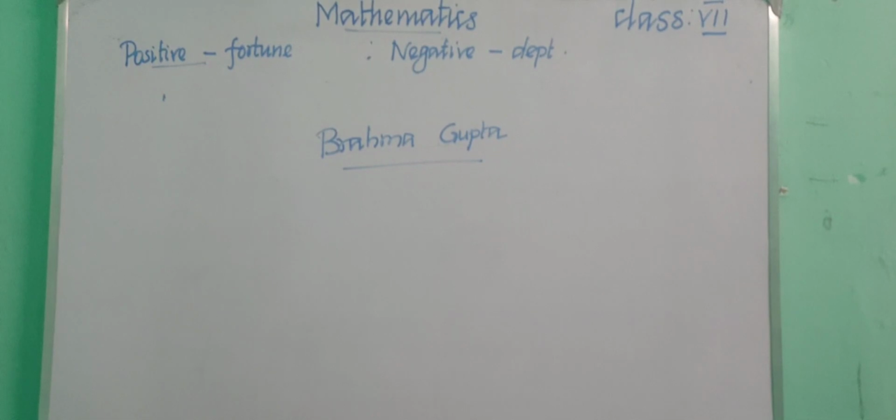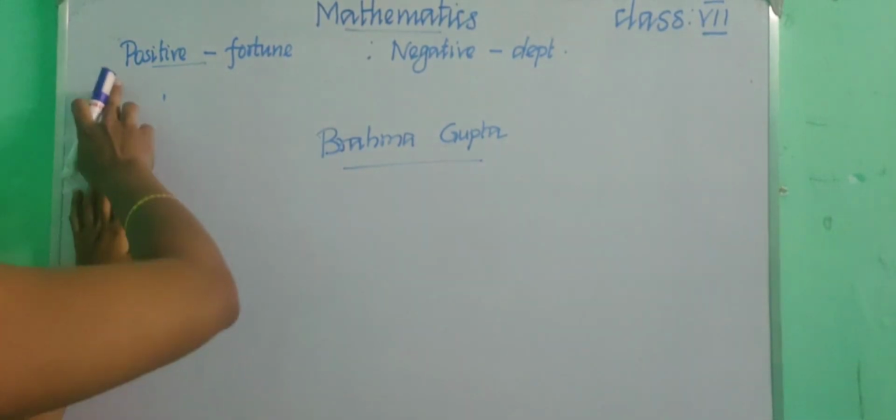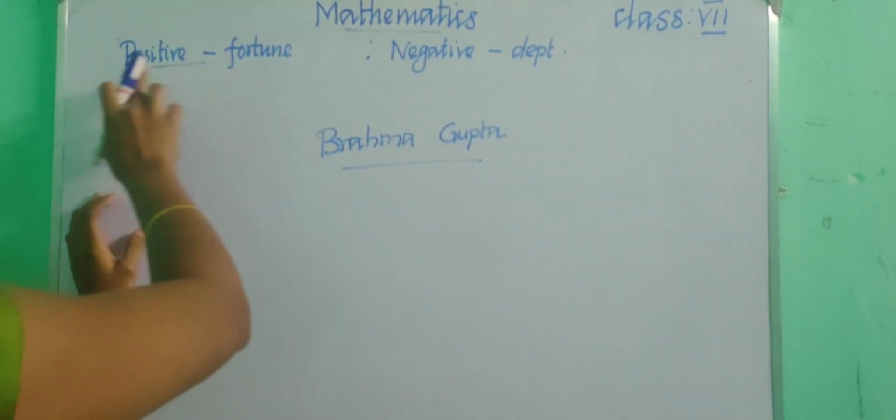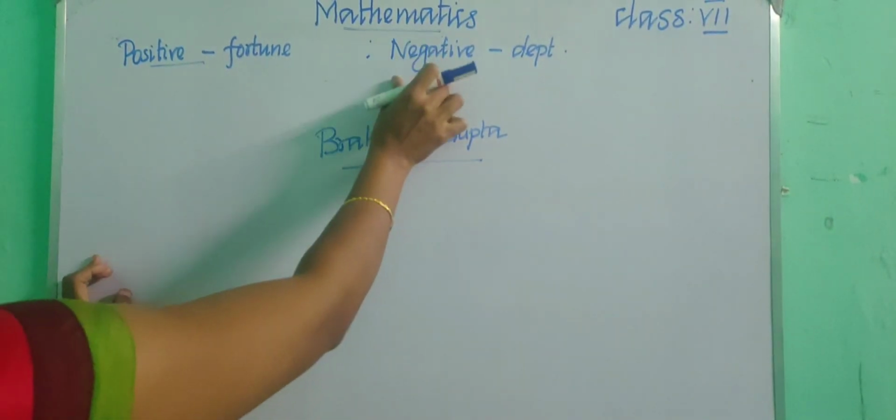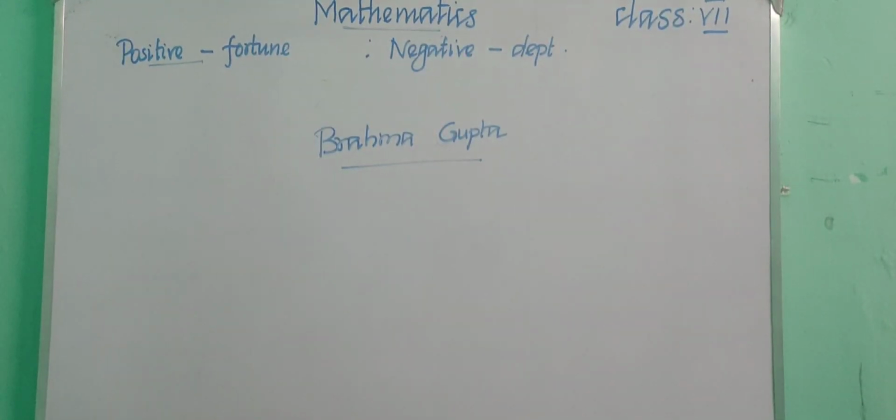His famous text is called Brahmasphutasiddhanta. This may be asked as a 1 mark question. You should remember all the rules. If you remember that positive means fortune and negative means debt, you can easily write all the rules. It may always come in fill in the blanks questions.